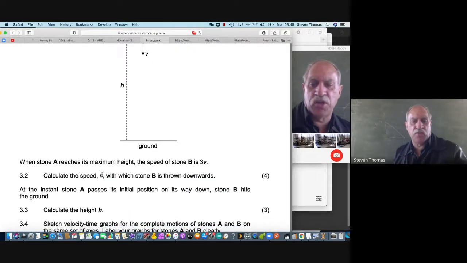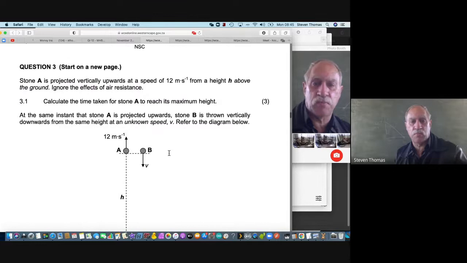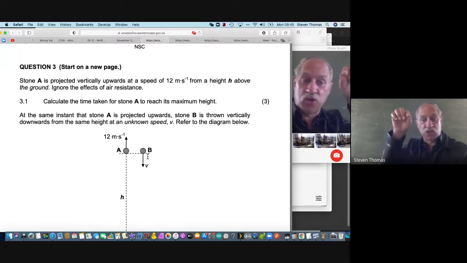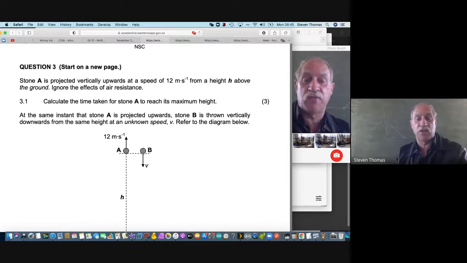Calculate the speed v with which B is thrown downwards. So it says when A reaches its maximum height, the speed of stone B is 3v. Stone B is thrown vertically downwards from the same height at an unknown speed. So B is not just dropped from rest, it is thrown at a speed v.